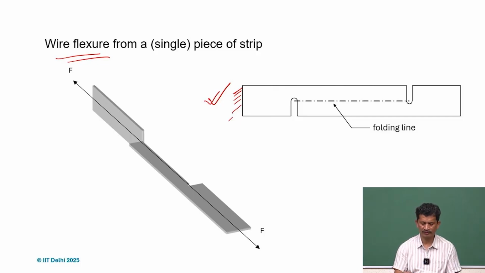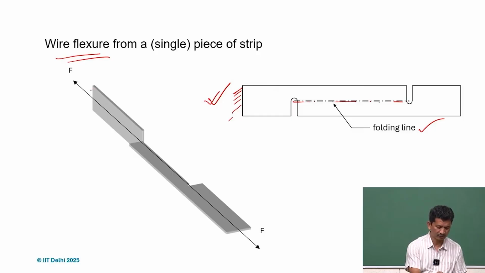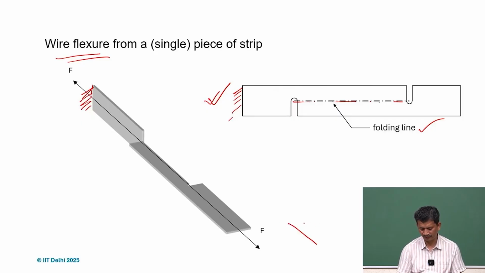So a flat strip with a cut here, and then there is a fold line defined. If we just fold it from there, this is what we get. If we fix it and then try to move, we can see for ourselves if we try to move in different directions.